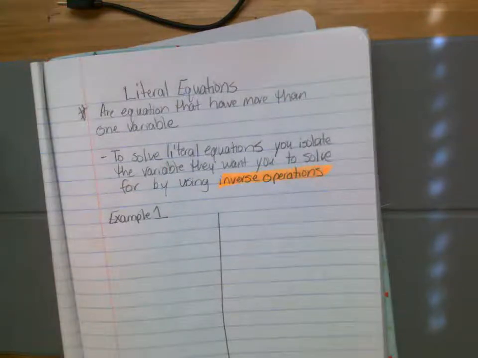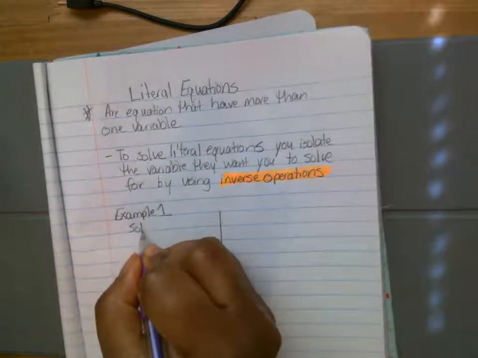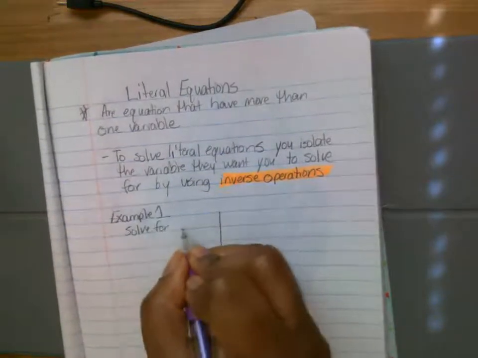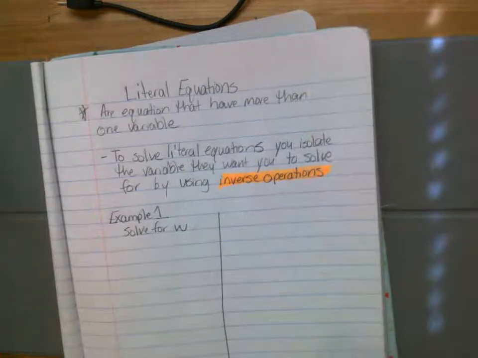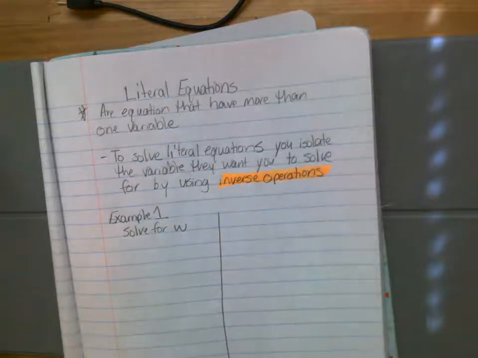In example 1, the variable that we're going to solve for is W. So we're going to put solve for W. This is the variable that we want to isolate. The answers to these types of equations are not going to be just one number, because remember, there's more than one variable.